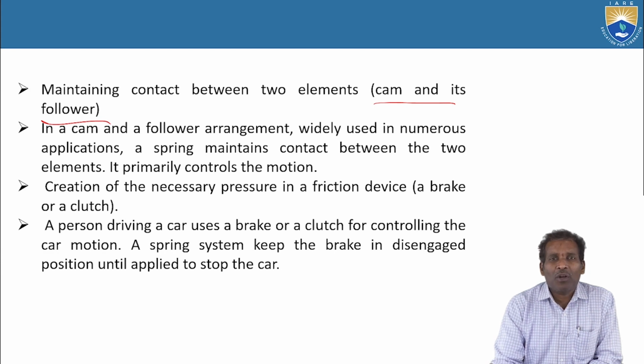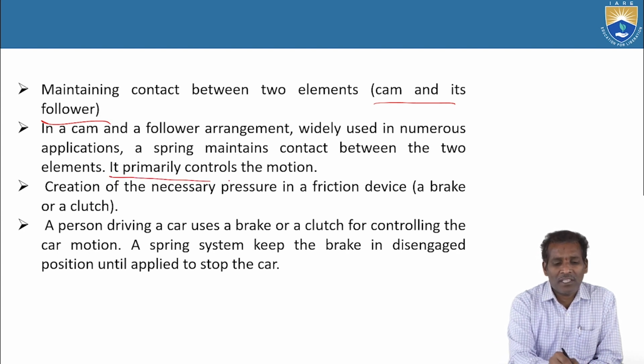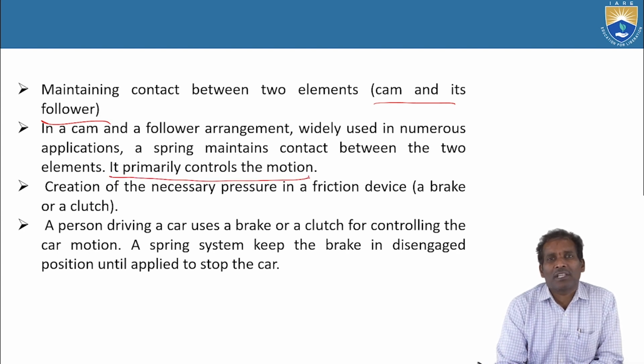In a cam and follower arrangement, widely used in numerous applications, a spring maintains contact between the two elements. So the main function is to control the motion. Another example, governors. The main function is to control the motion.